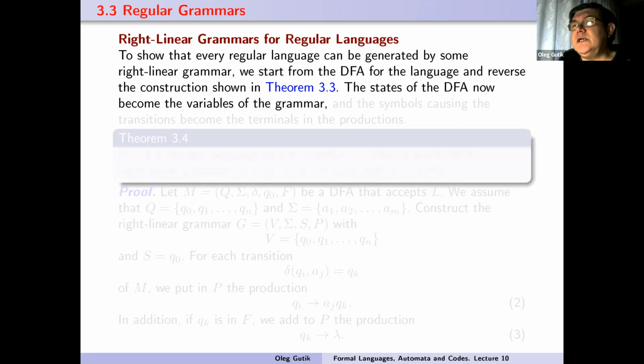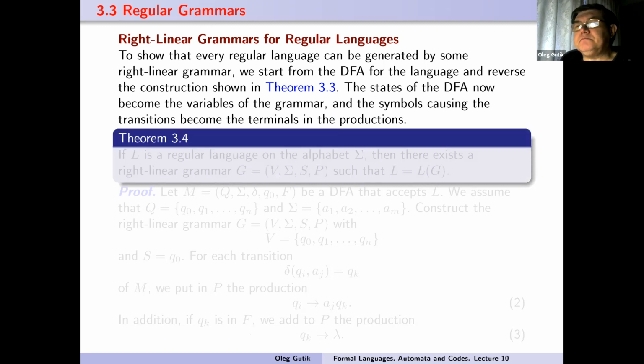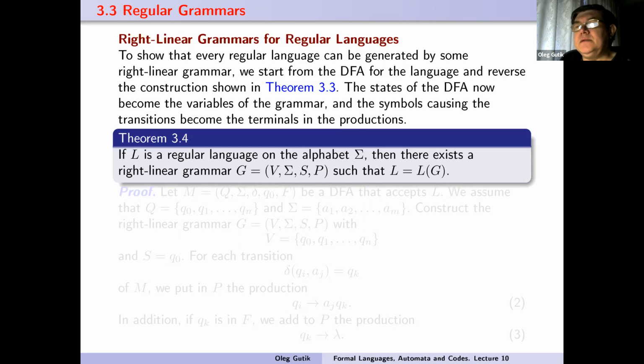The states of the deterministic finite acceptor now become the variables of the grammar, and the symbols labeling the transitions become the terminals in the productions. Theorem. If L is a regular language on the alphabet sigma, then there exists a right linear grammar G that will generate language L.